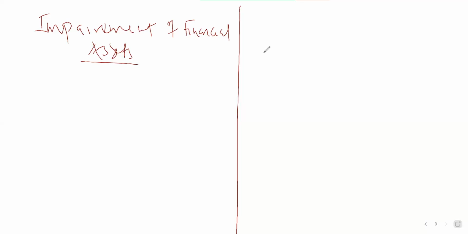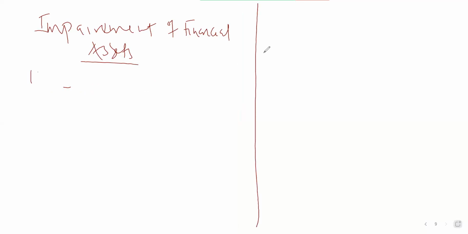So for the loss allowance, we have what we call 12 months expected losses. We use 12 months when the risk is not significant.